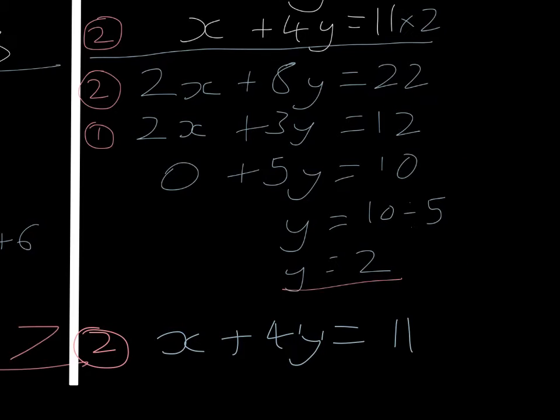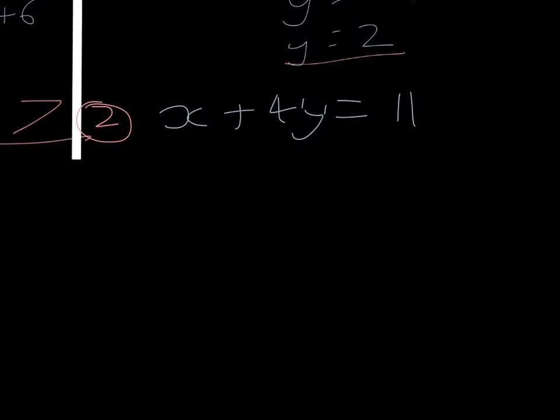And then I'm going to substitute my value of y is equal to 2 into the equation here. So I've got x plus 4 times 2 equals 11. Notice that all along my equal signs have been in a line going down.